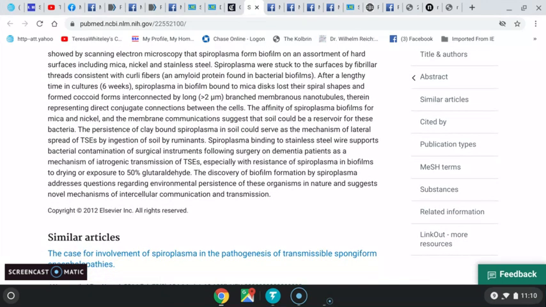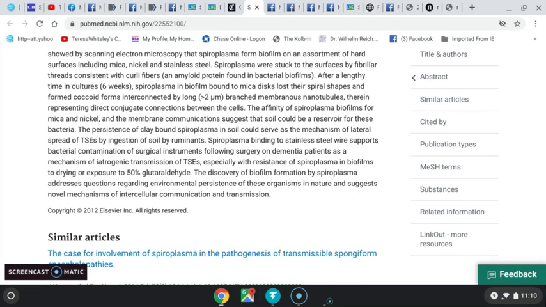The affinity of spiroplasma biofilms for mica and nickel and the membrane communication suggests that soil could be a reservoir for these bacteria. The persistence of clay-bound spiroplasma in soil could serve as a mechanism of lateral spread of TSEs by ingestion of soil by ruminants.